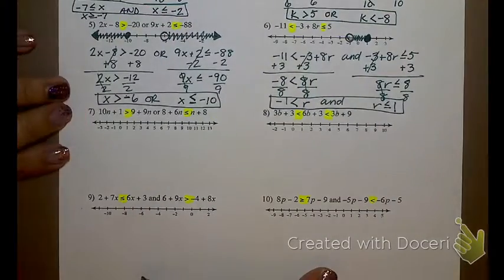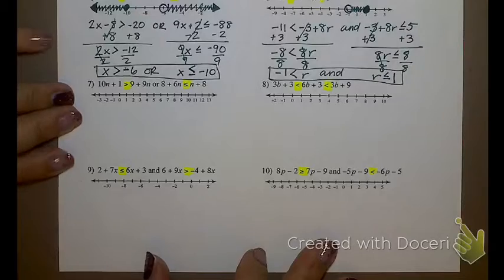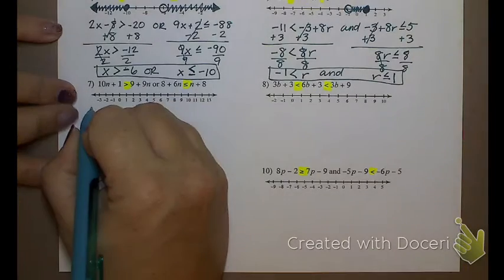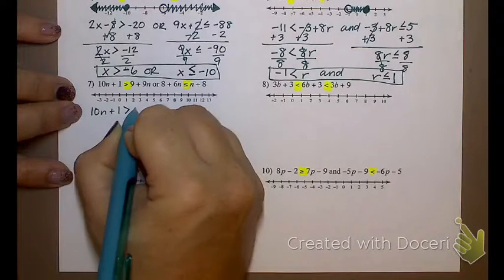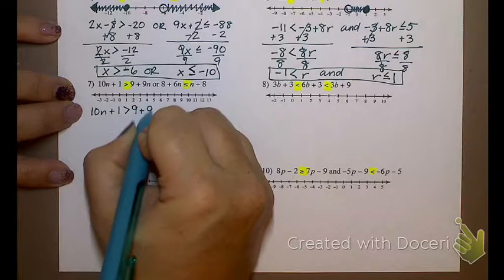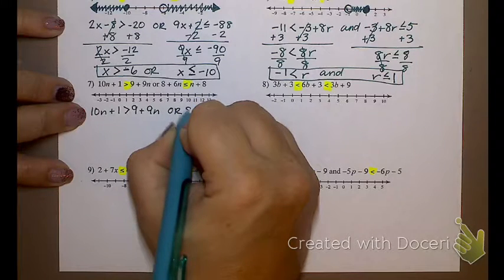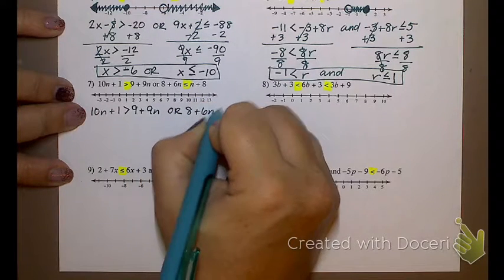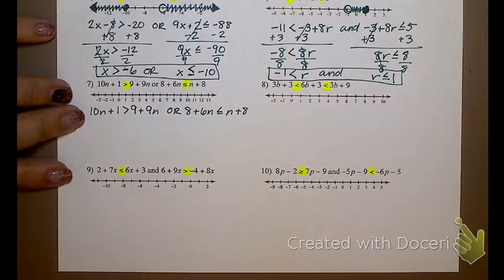Okay? All right. 7, 8, 9, and 10 are a little trickier. Simply because, well, you tell me. Why are these ones different? There's letters on both sides.